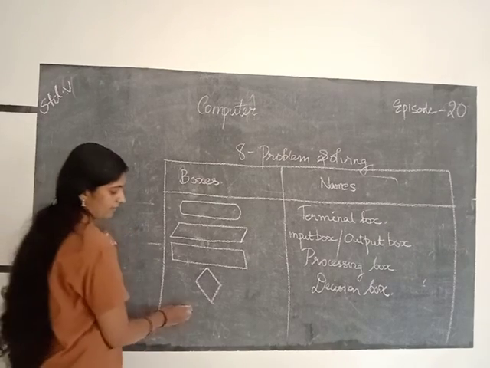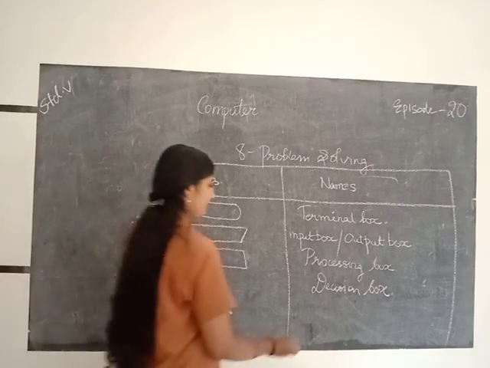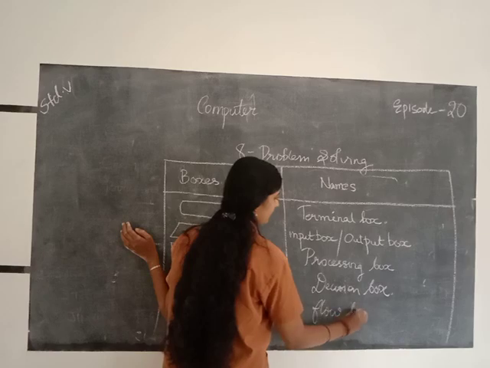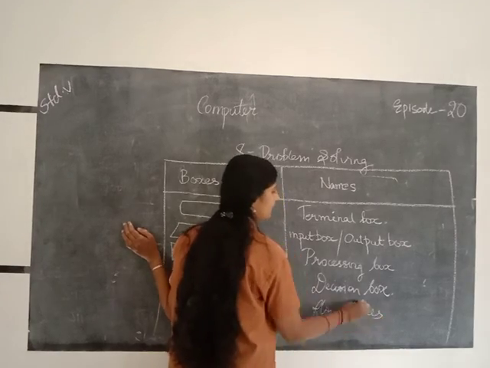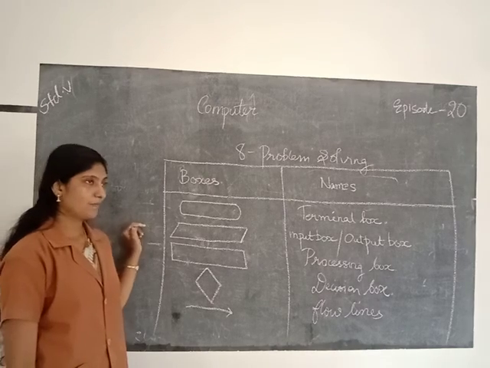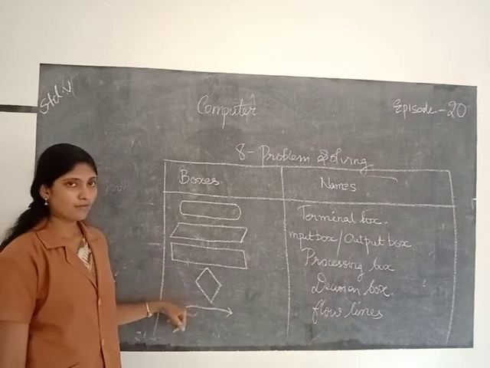And one more thing, this is known as flow lines. It determines the direction of statements from one to another. That means the shape boxes are connected through the flow lines.